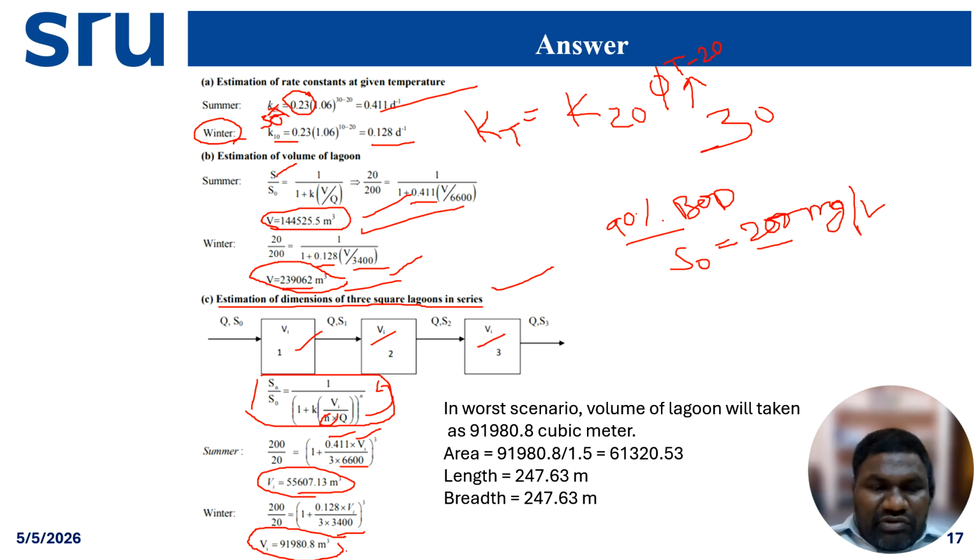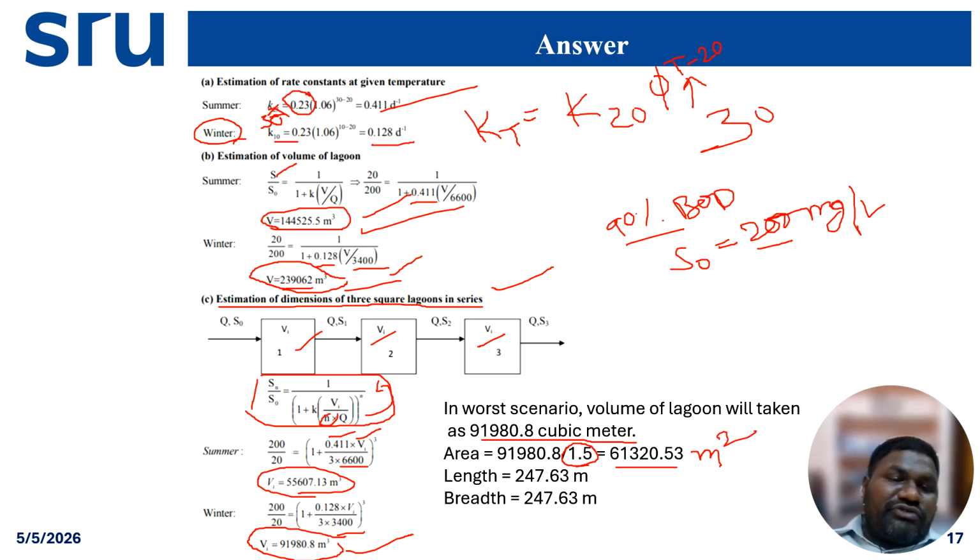Here the maximum will be 91,980 cubic meters. The depth in the question is given as 1.5 meter for every lagoon. So the area could be 91,980 divided by 1.5, which gives 61,320 meter square.